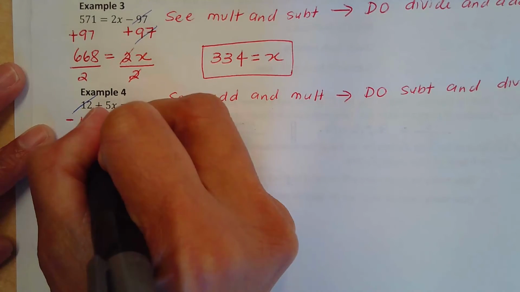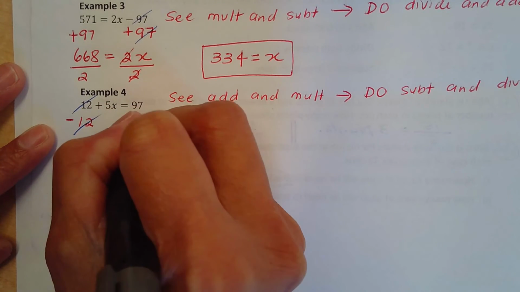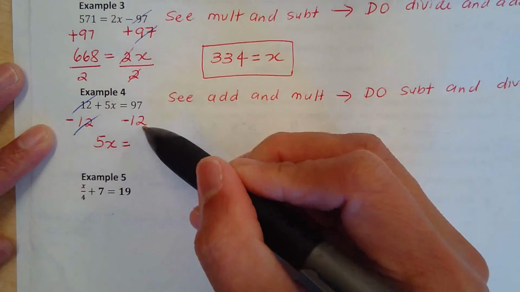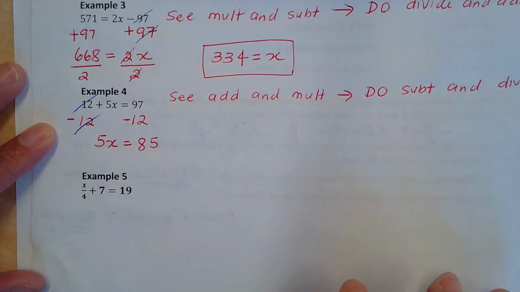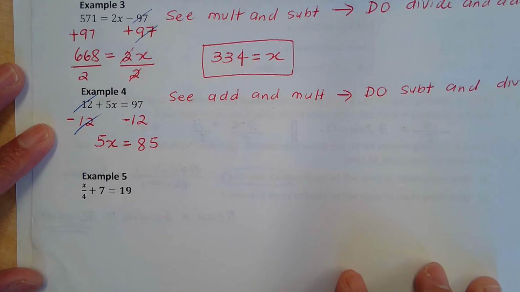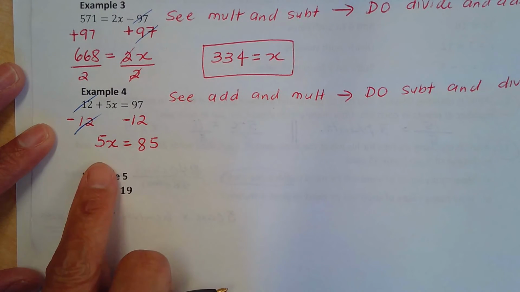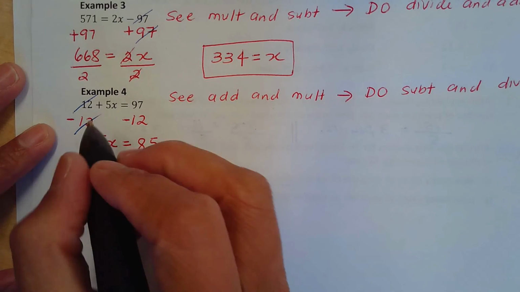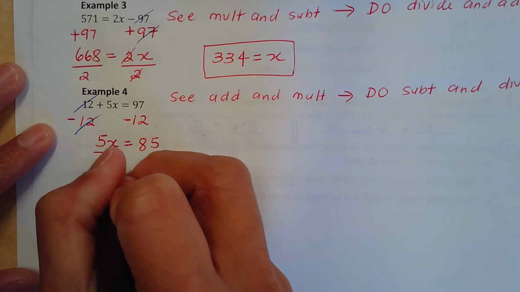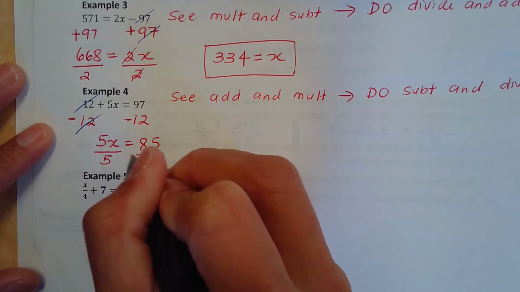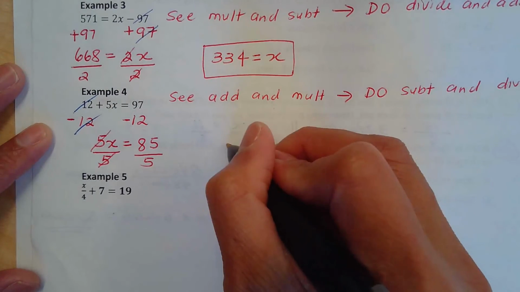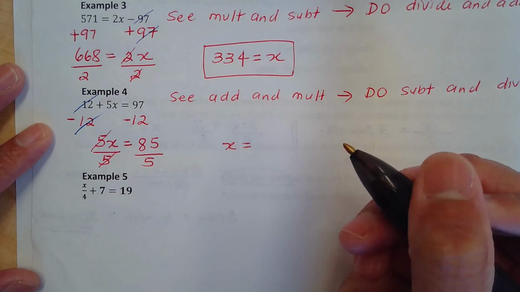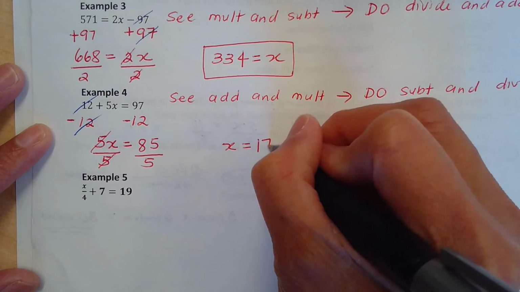We're left with 5x on the left side, and this is going to be 85 on the right side. Next one, what are we going to do? Now we've got to divide by 5. Divide by 5 to cancel the 5. So x is equal to 17, yes.